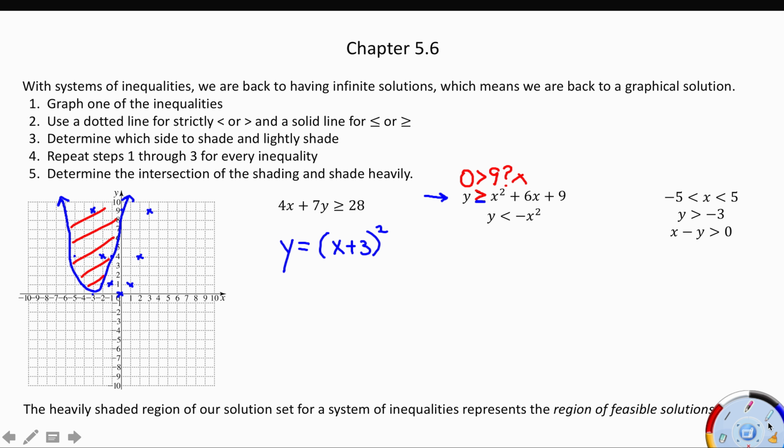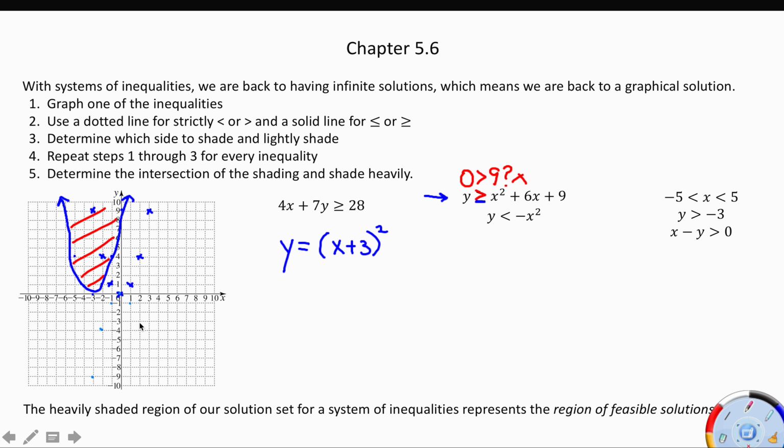Now I'm going to graph this one. It's still a parabola, so I'm still going to use these same points. The only thing is that it's reflected. So I'm going to take the negative of every point. Instead of y being positive 9, it's going to be negative 9. And instead of the y value being positive 4, it's going to be negative 4. And then negative 1, 0.